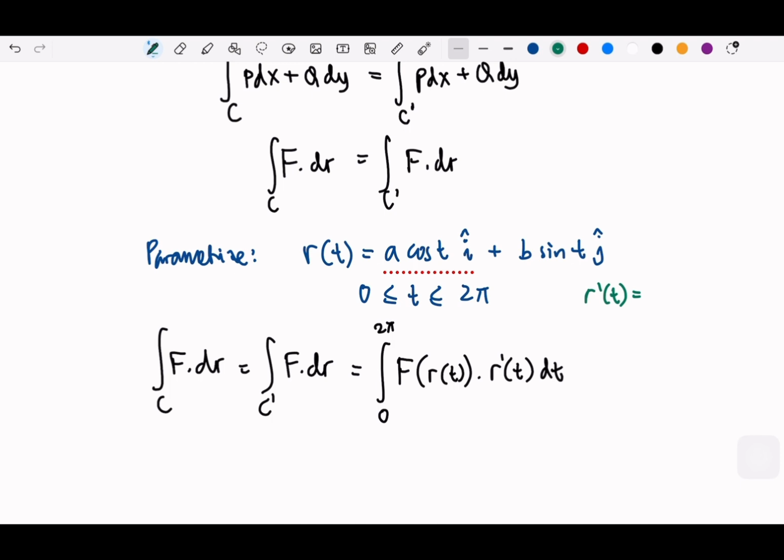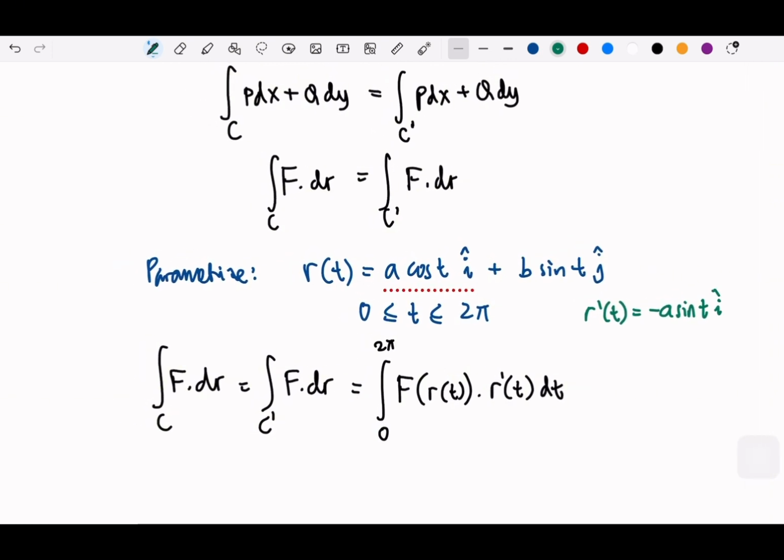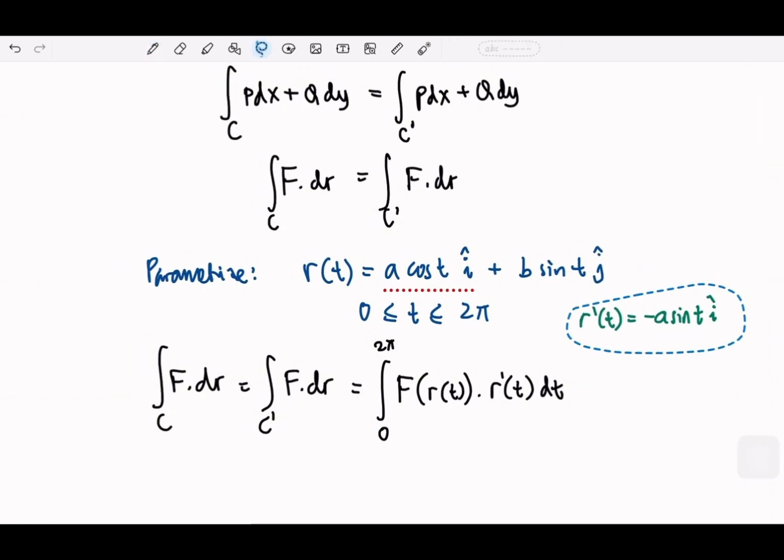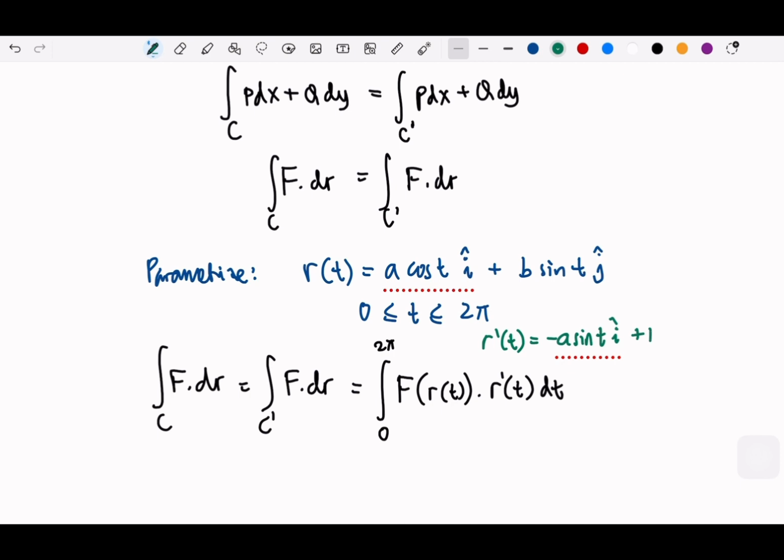So this will be negative a sine t i plus b cosine t j. That's for r prime.